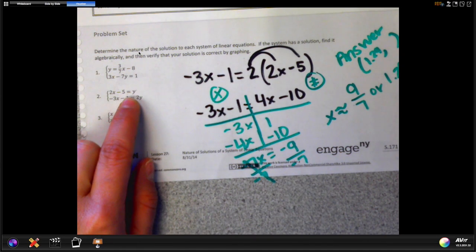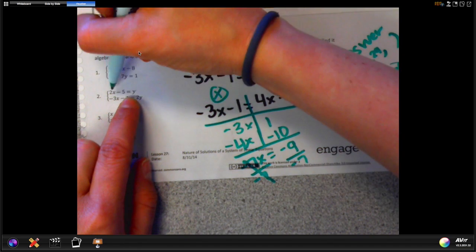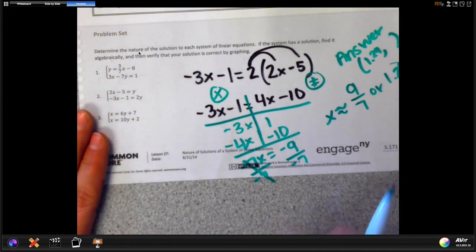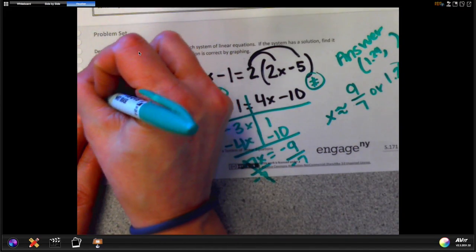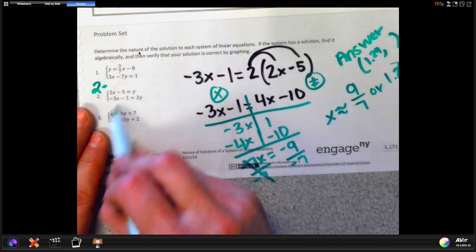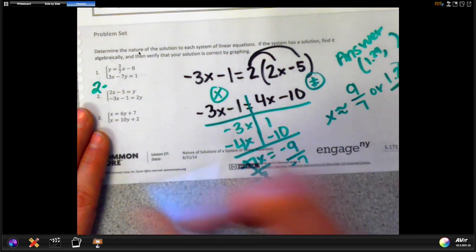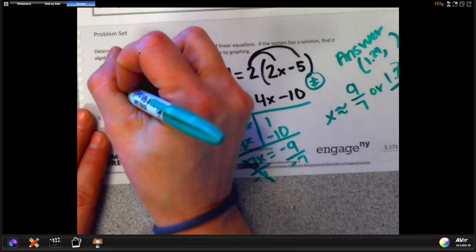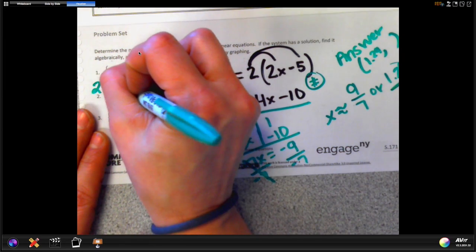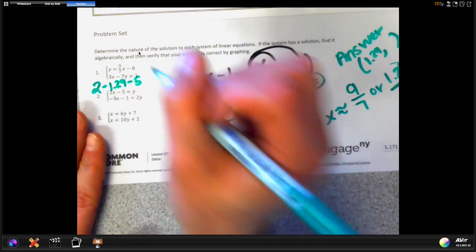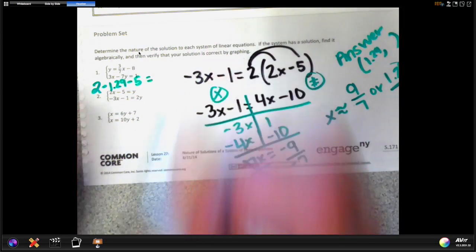So to get the y, you actually have to substitute your answer, 1.29, back into the equation for x. So we're going to do 2 times, instead of x, now we know x is 1.29 or 9/7. 2 times 1.29 minus 5. And what do we get here?